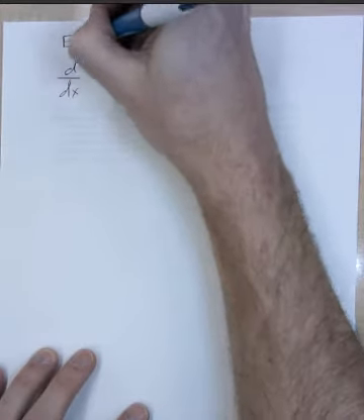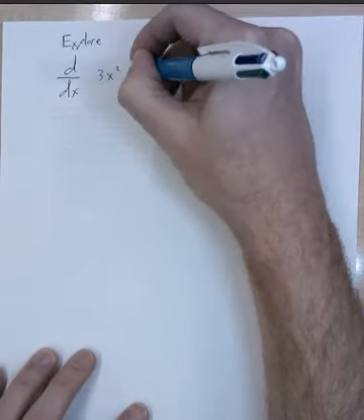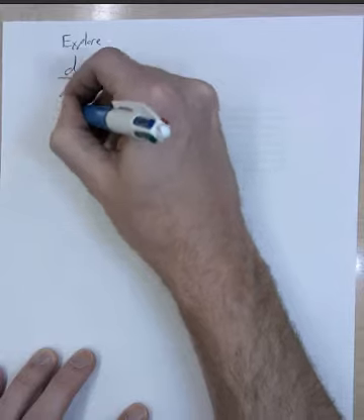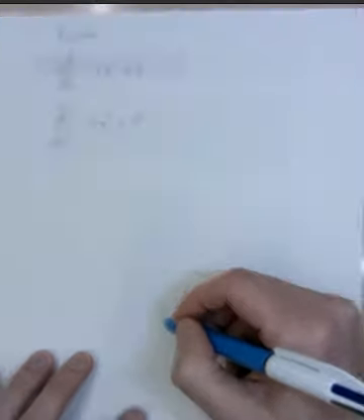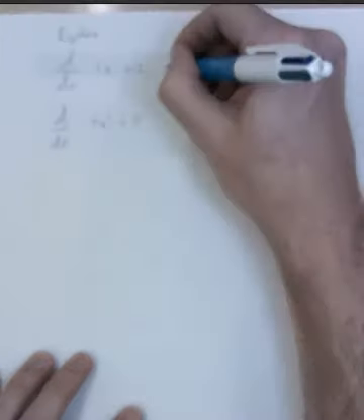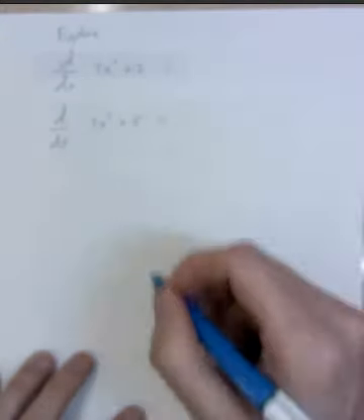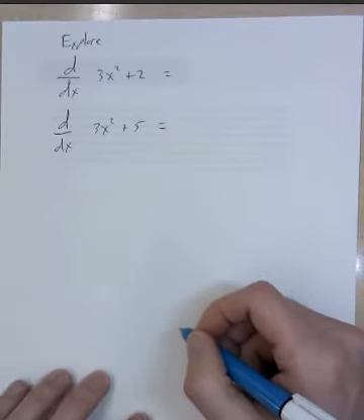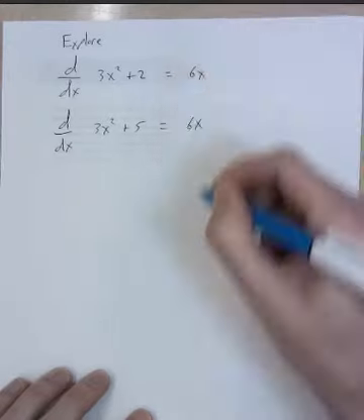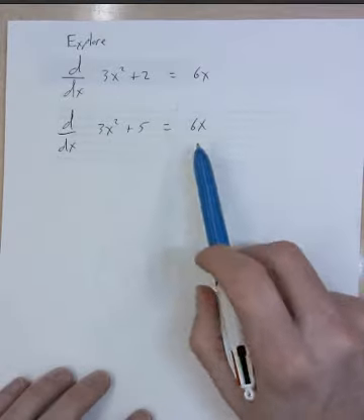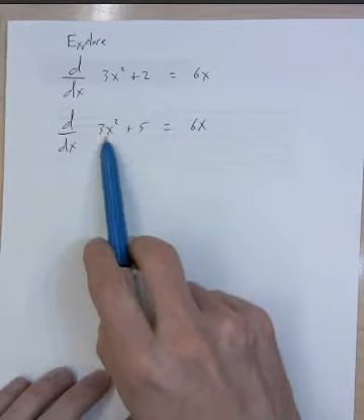If we do the derivative of 3x squared plus 2, and we do the derivative of 3x squared plus 5, we see that the derivative of both of these is 6x. Both times, 6x. So the problem, of course, arises if we tried to integrate 6x, would we get 3x squared plus 2? Or would we get 3x squared plus 5? Or would we get something else?